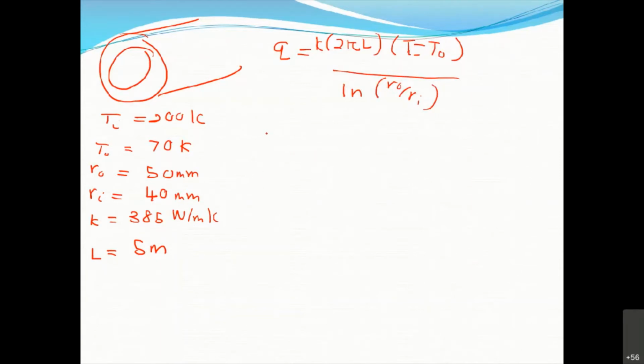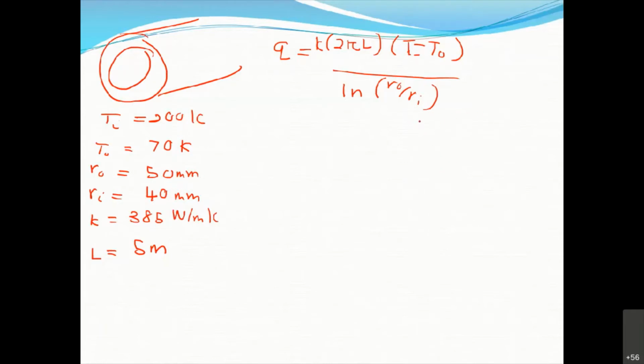So when you substitute the equation, the first thing I would like to highlight for you is that, remember, in the previous questions, I always stress that it is important for you to change everything into SI units if it's not. But for this one, it is up to you whether you want to change it or not. Why?